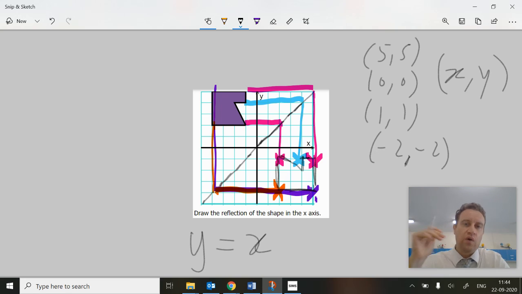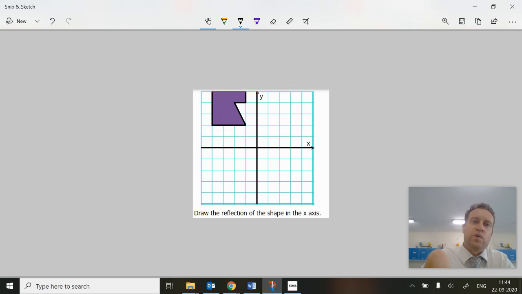Now, that's not the only way to do this. There is another way to do this. The other way would be to say, okay, well, again, let's put that line in. So the other way to do this would be to count diagonal squares. So say, for example, this coordinate point here. If I counted diagonal squares, I get 1.5, and I go across again, I go 1/2 and 1.